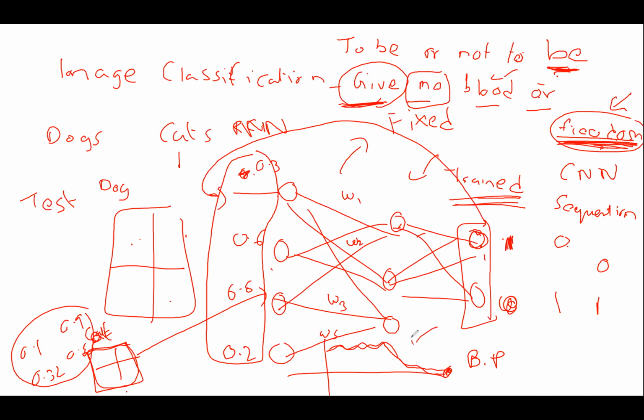So all these cases in which the values are dependent on previous predictions or previous values are handled using recurrent neural networks. If you look at the diagram, let me show you.